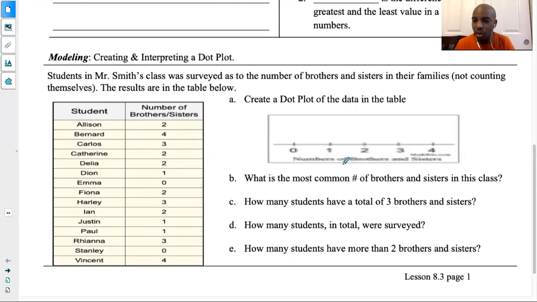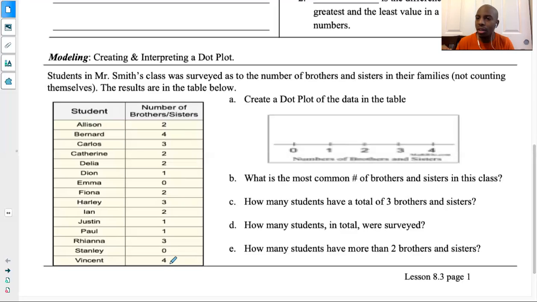It says on the bottom here, number of brothers and sisters. So this is a nice little dot plot number line I set up, and it's not complex, right? 0 to 4. The reason I know it's 0 to 4 is because when I look at the actual lowest and highest numbers, I see the lowest number here is 0 and the highest number here is 4. On the ones I gave you to create on your own, I already gave you the number line, right?